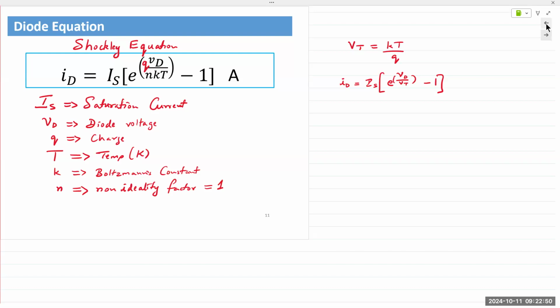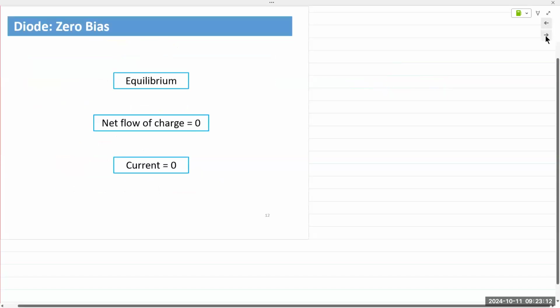But again, as I said, there are several different models and several different assumptions we can make. We can eliminate some variables depending on our applications. If I wish to do a quick analysis, sometimes I just take some terms. It wouldn't be the most accurate of answers, but it still works in real life.